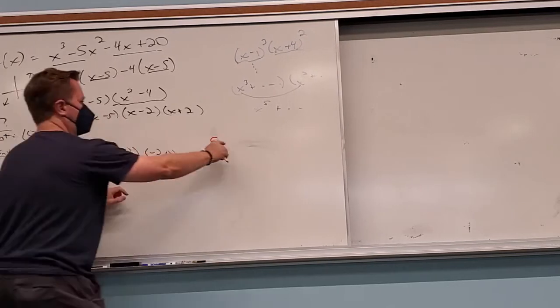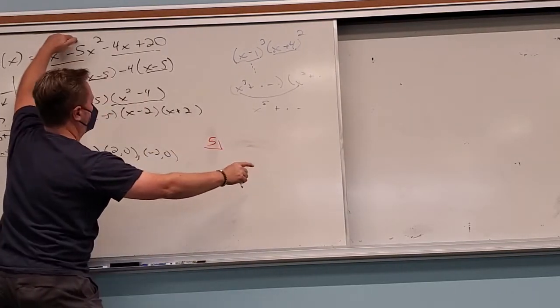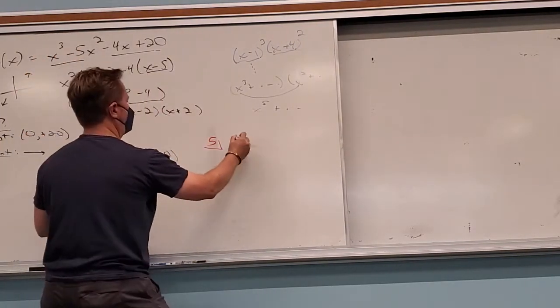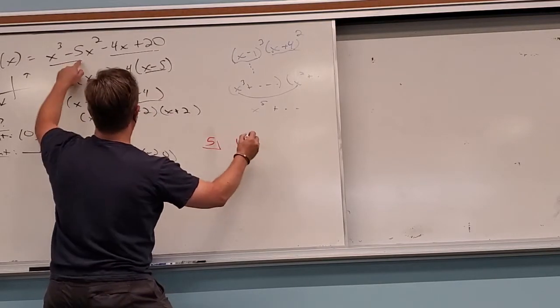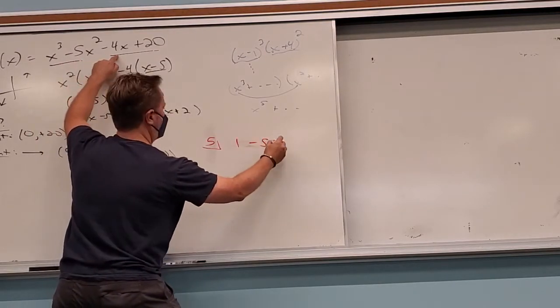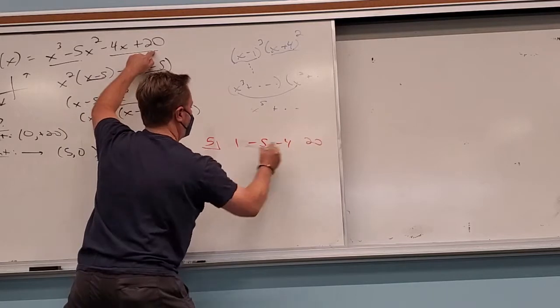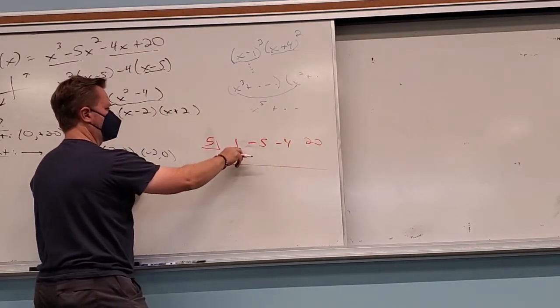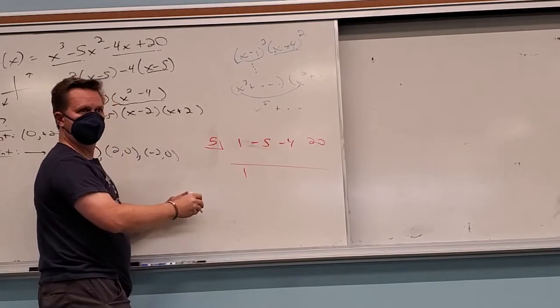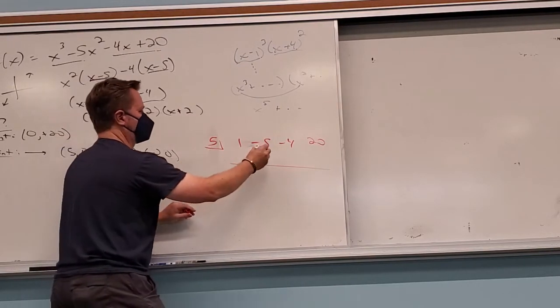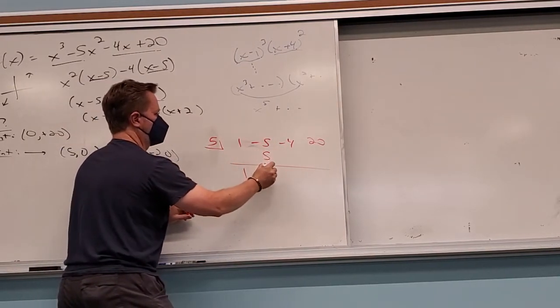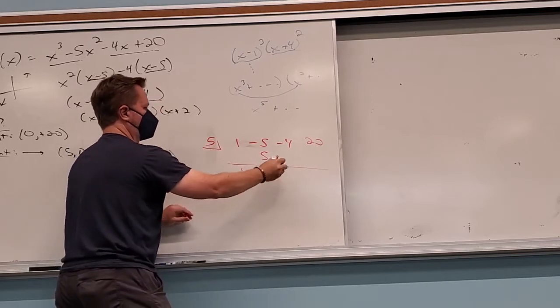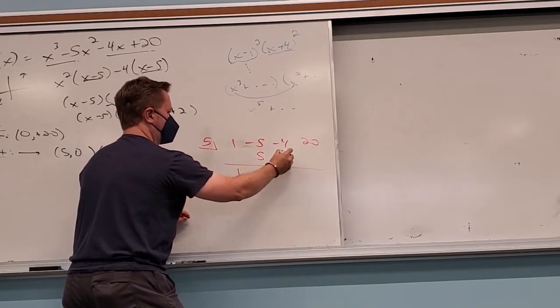So what would I put here? 1, negative 5, negative 4, 20. All right, let's see. Some of you guys did very creative stuff here, but this just drops. 5 times 1 is 5. Add. 5 times 0 is 0.